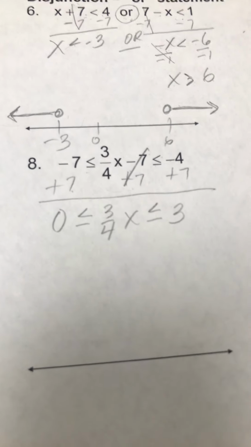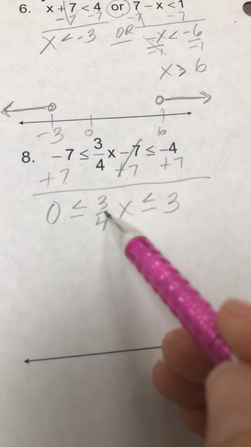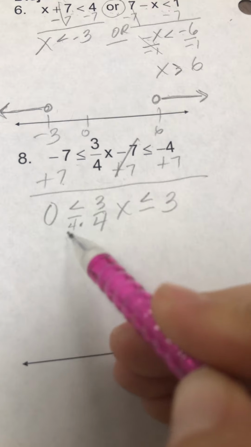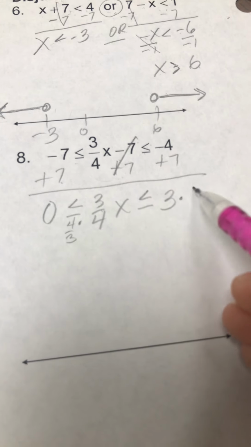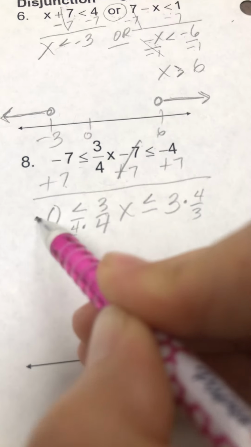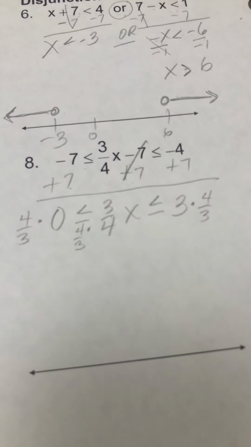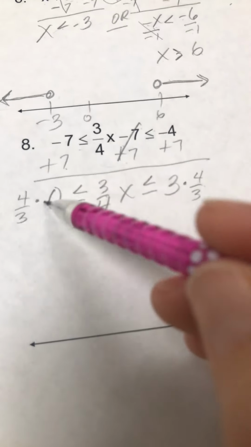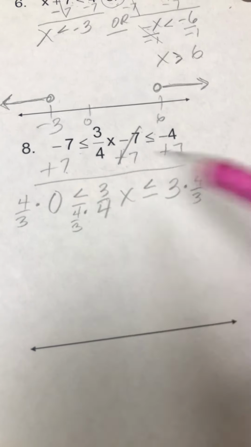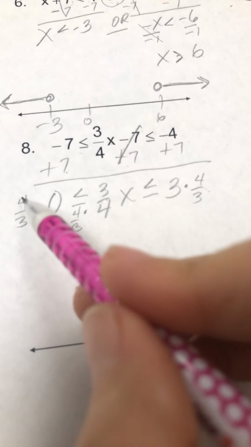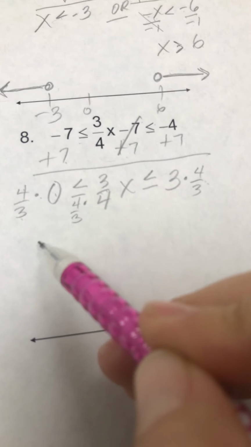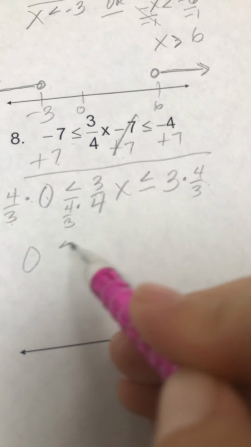Now, to get rid of this 3/4, we're going to multiply by the reciprocal, 4/3. You've got to do it to both sides. If you're going to do it here in the middle, you've got to do it to both sides. So now we have 4/3 times 0 is 0. It's less than or equal to.